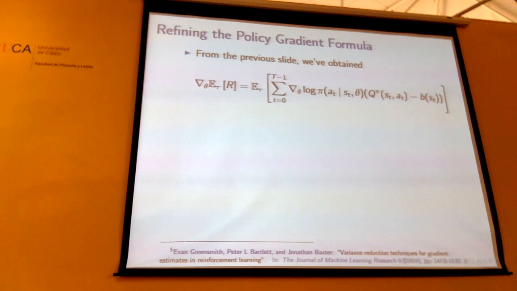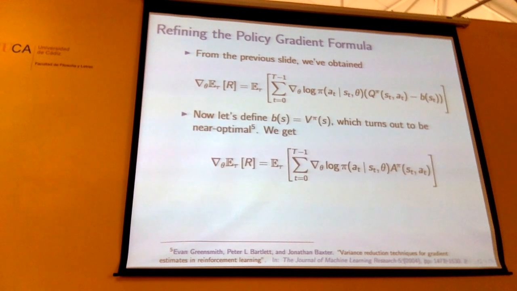So if we take the baseline to be the state value function, then we get the advantage function here, because that's the Q function minus the V function. And the advantage function tells you if this action was good or bad. So basically with this choice of baseline, we're increasing the probability of the good actions. So that's my justification for why the baseline should be the value function.